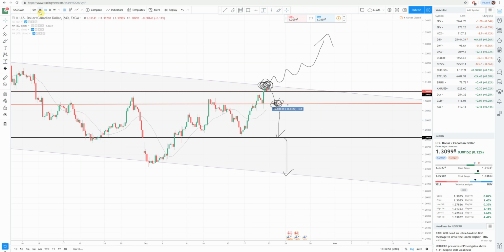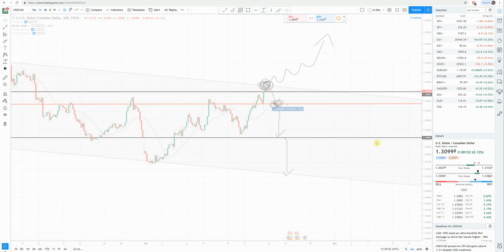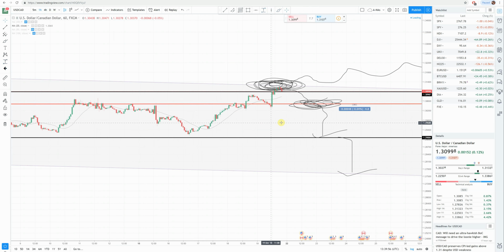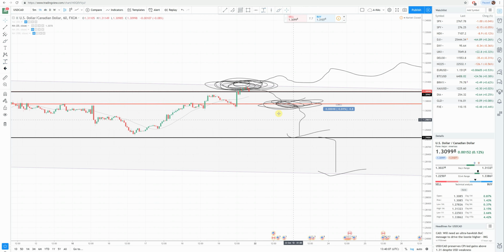Alright. I think the 1 hour also shows a similar picture, just a more detailed view of what we can see from those charts. So we're also at a point where there are two possibilities.